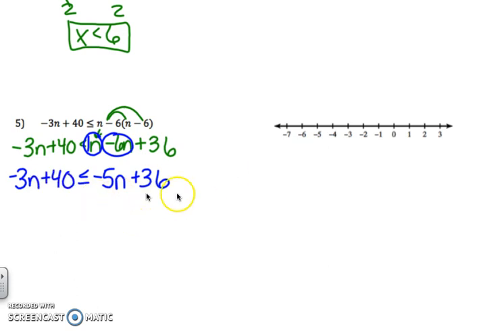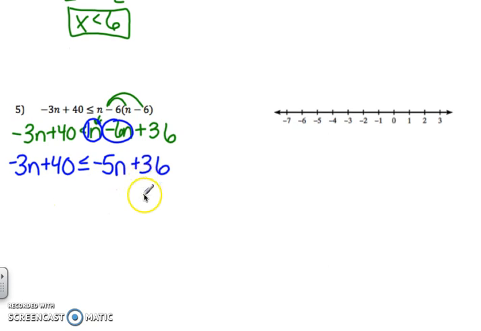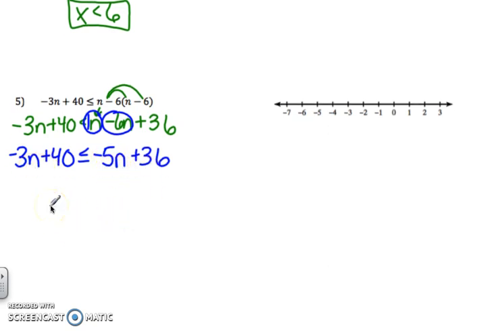So now each side is simplified, so I can start to move my variables to the left by plussing 5n. Negative 3 plus 5 is 2n. Bring down plus 40, less than or equal to 36.